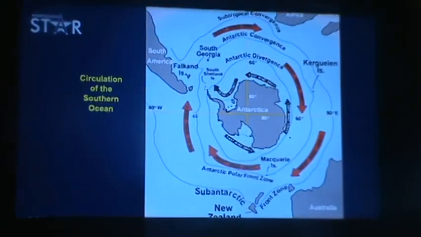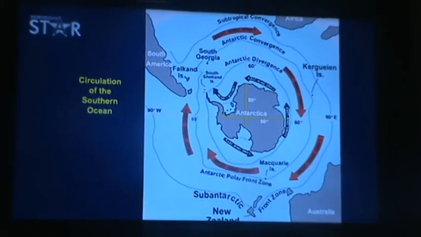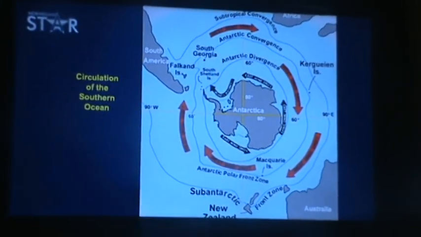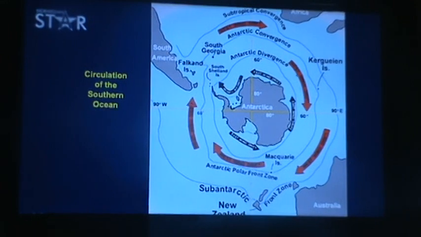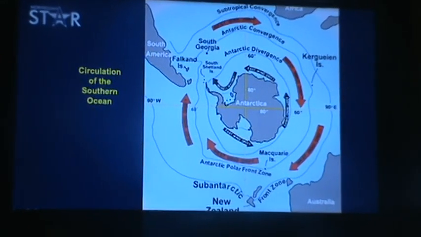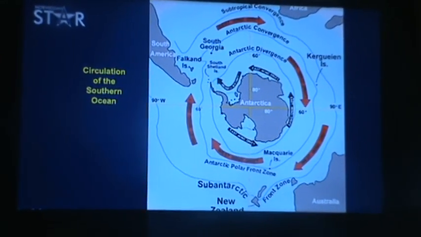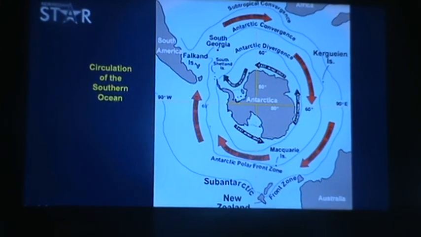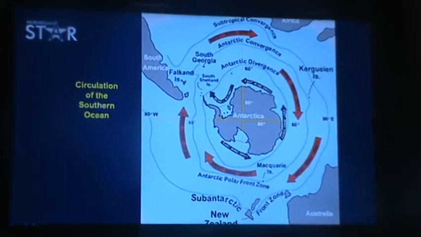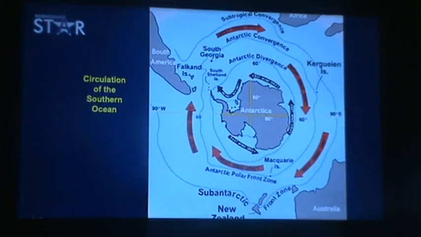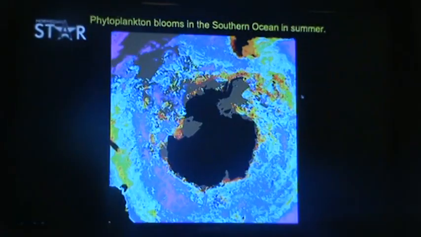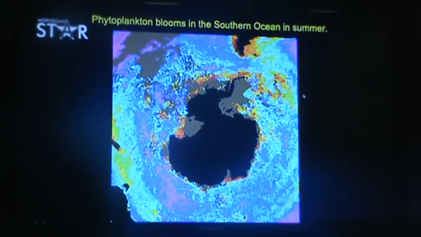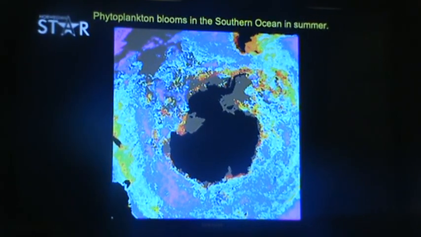So the circulation of the Southern Ocean, we've already talked about, with the circulation of the west wind drift clockwise around the continent and the east wind drift counterclockwise around it. The nutrients have come up here, and that means there's lots of productivity biologically.